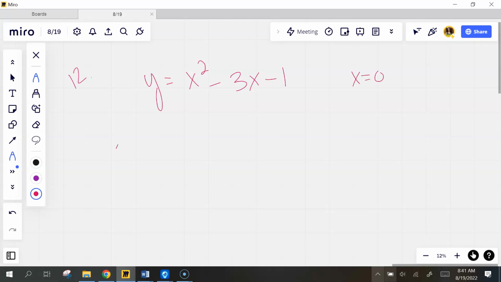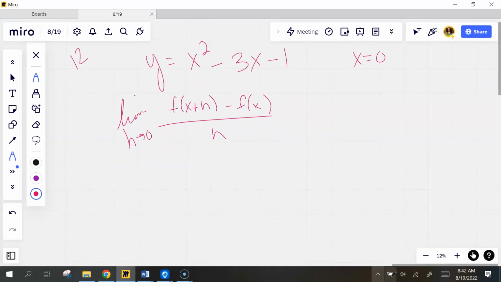So again, I'm doing the limit as h goes to 0 of f of x plus h minus f of x over h. Lots of just algebraic manipulation here, but here we go. Oh, f of x plus h. Let's see. Oh, I got a 0 in here. Oh, that's not going to be so bad.